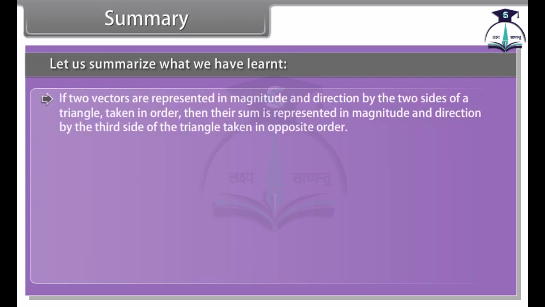If two vectors are represented in magnitude and direction by the two sides of a triangle, taken in order, then their sum is represented in magnitude and direction by the third side of the triangle taken in opposite order.